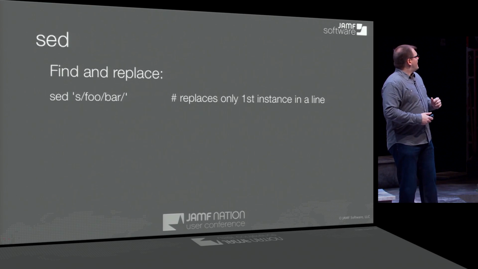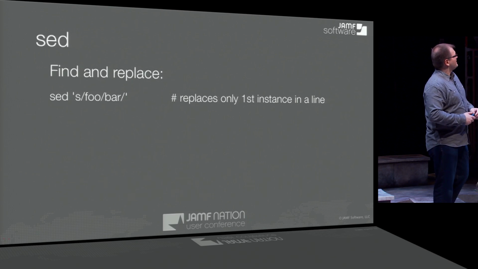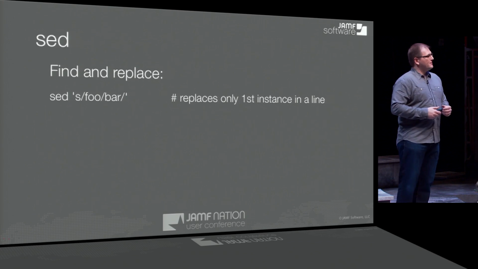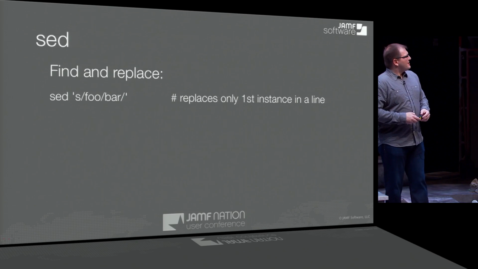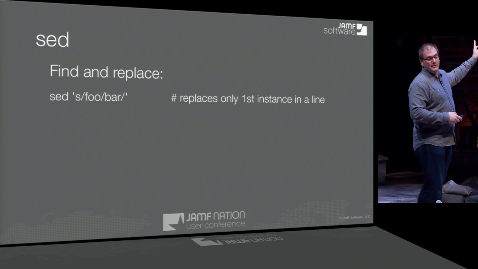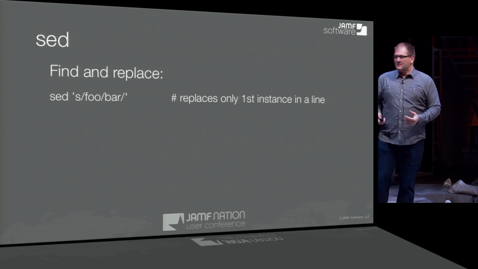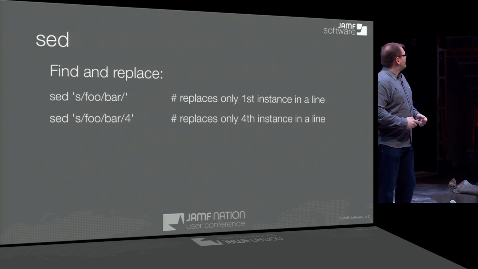And I'm looking for any instance in my stream, or in this case I use the word line, but in my stream of foo, and I'm going to replace it with bar. But if I use this syntax, it's only going to replace the first instance. Now maybe I want to replace not the first one. Maybe I want to replace the fourth one.